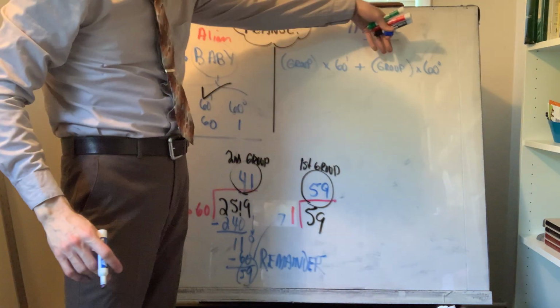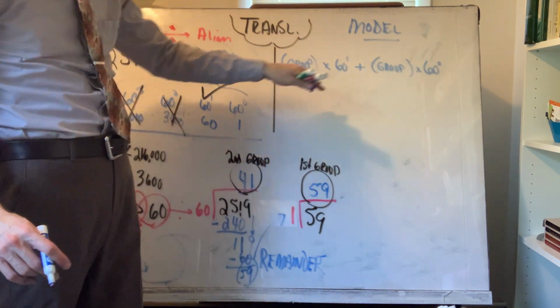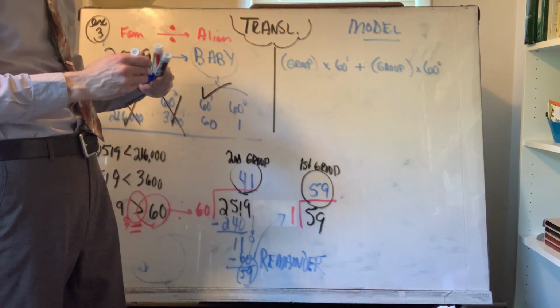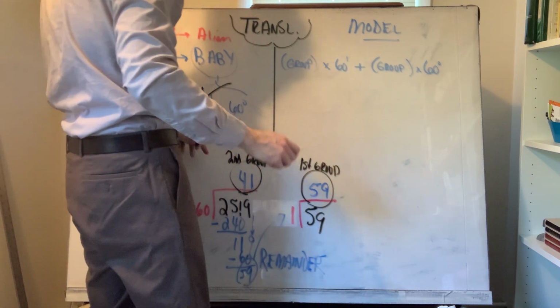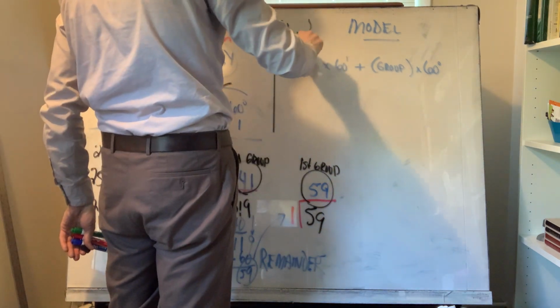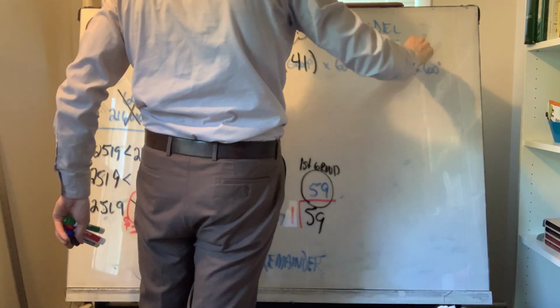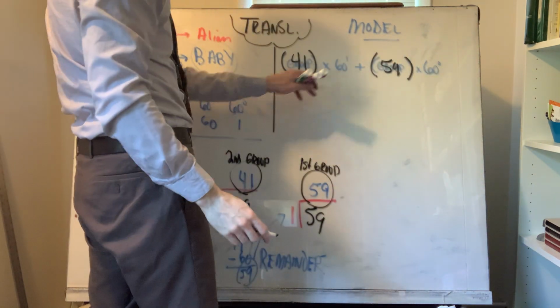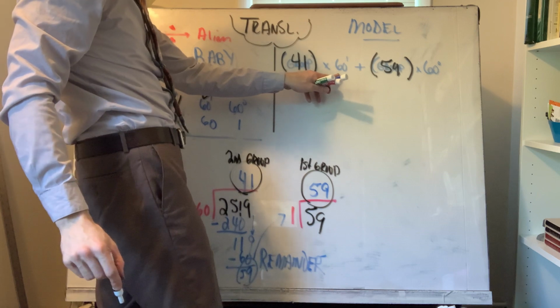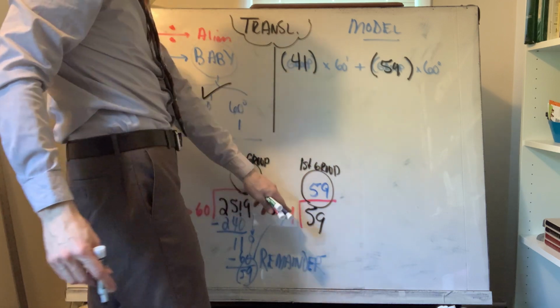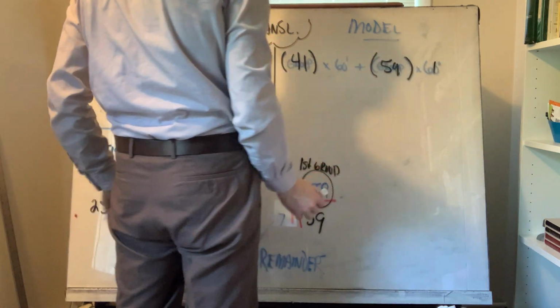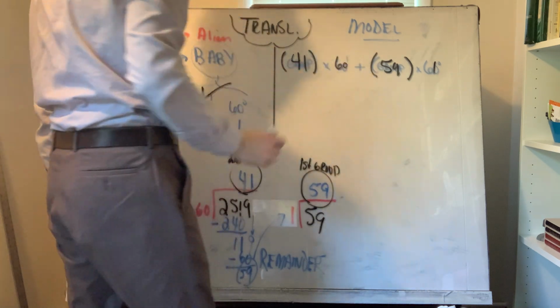But we would have fitted the values of the groups in here and in here. So I'll just squeeze in 41 in here just for reference, and 59 in here just for reference, right? It really came from what? It came from dividing by 1. This is really a 1 here, and this is really a 60 here.